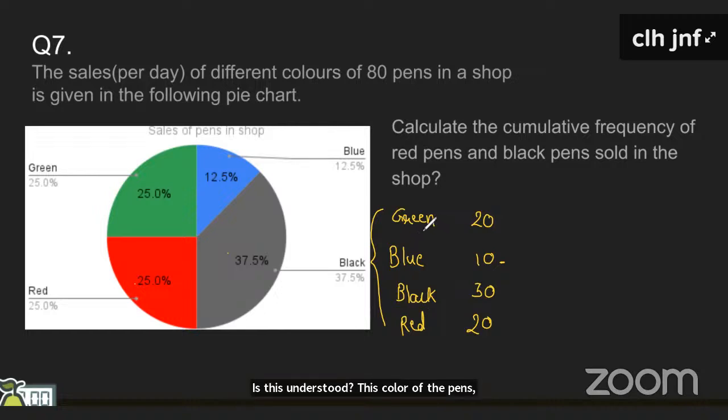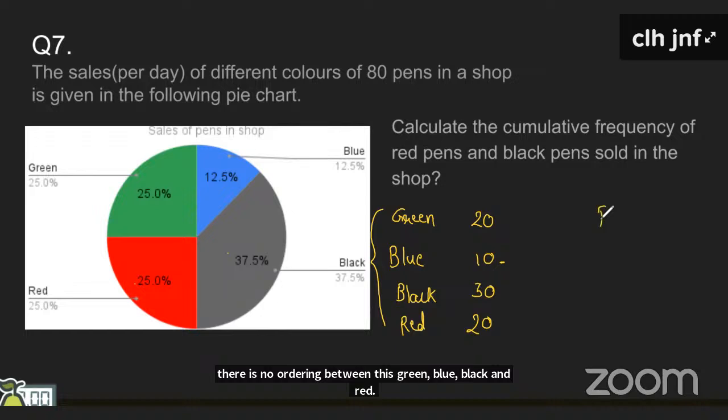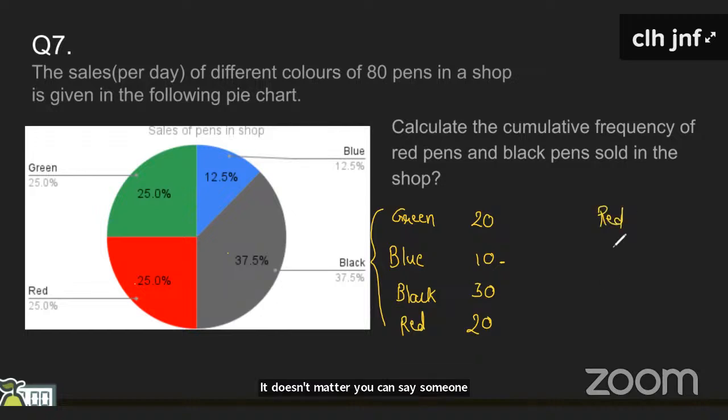There is no ordering between green, blue, black, and red. Someone can tabulate it as red, black, blue, or green. Order doesn't matter here. For this kind of data, cumulative frequency will be just adding, there will be no sequence.